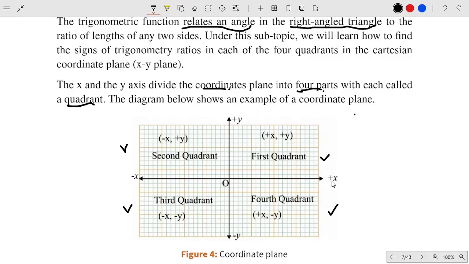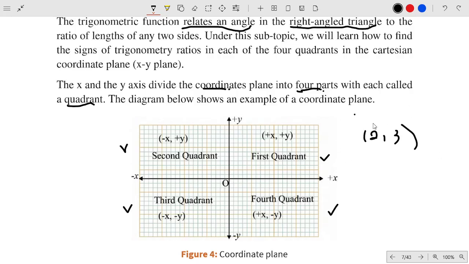Now if we are to identify a point or a coordinate on this plane, where would it be found? Let's say the point xy is 2 and 3. Where will you find this point?